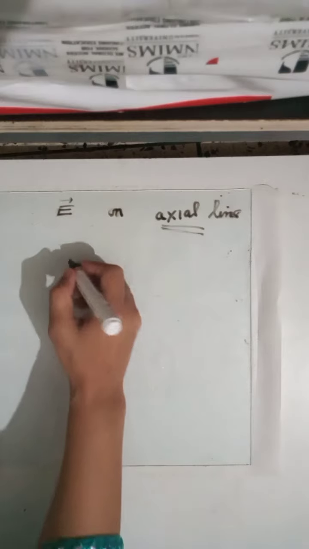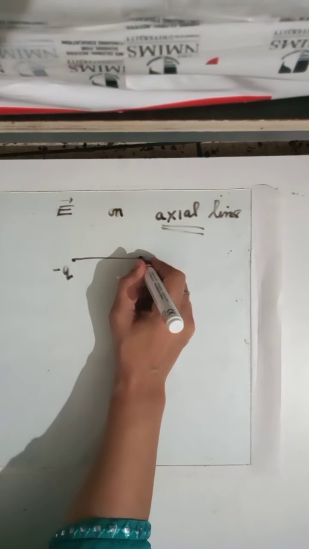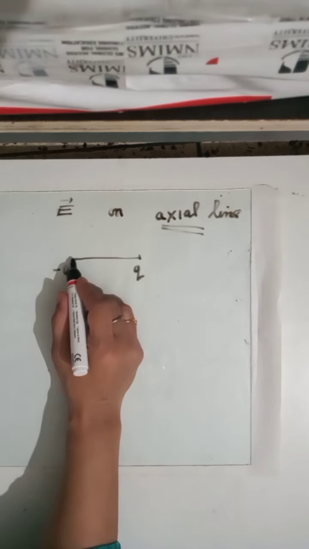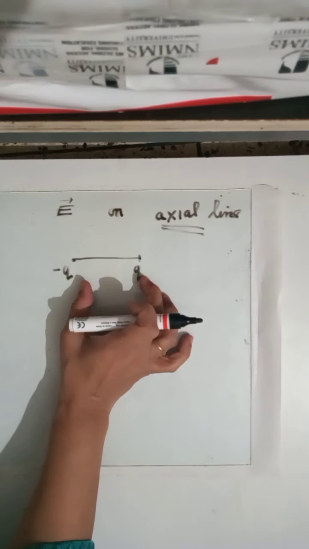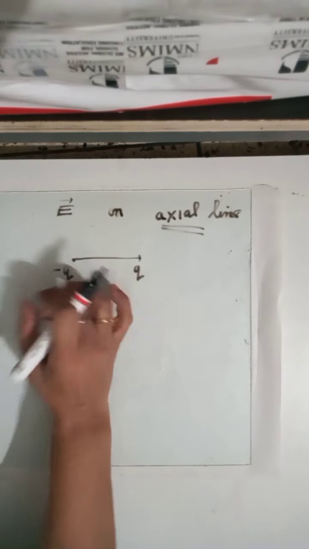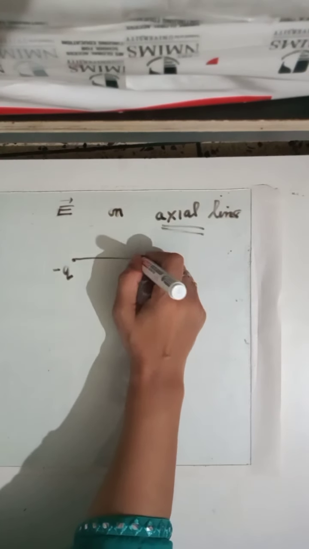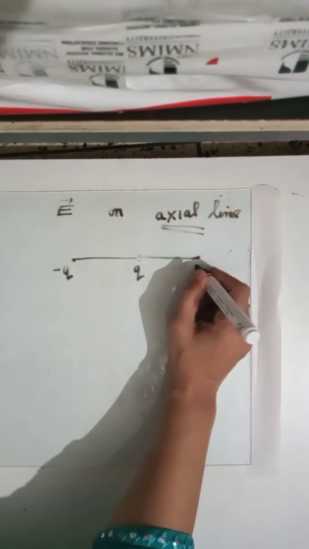Now, this is your minus Q charge, this is your plus Q charge. Now, you will take any point from this to this point. This point may be inside the dipole, it may be outside the dipole. Now we will extend this line in this area. I have extended this line to the point P.